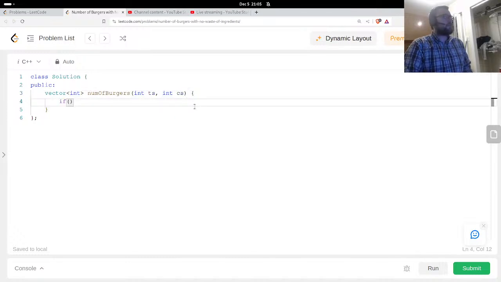So if TS, we'll say it's greater than or equal to CS, and TS is less than or equal to CS. And we'll say if it's not those things, something like this.